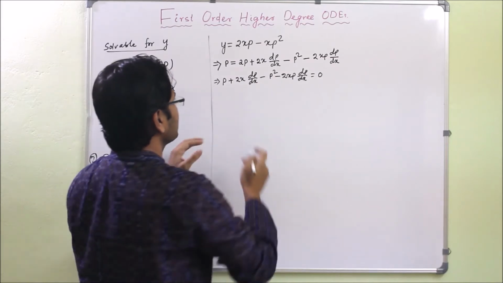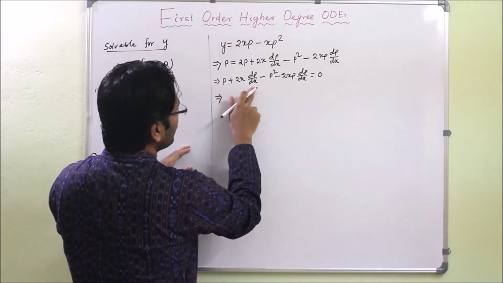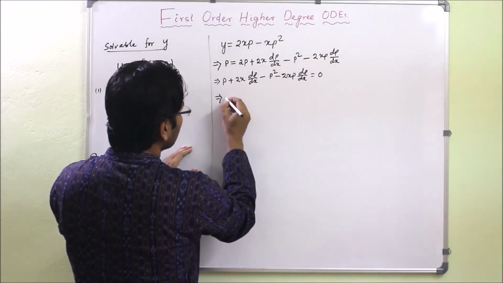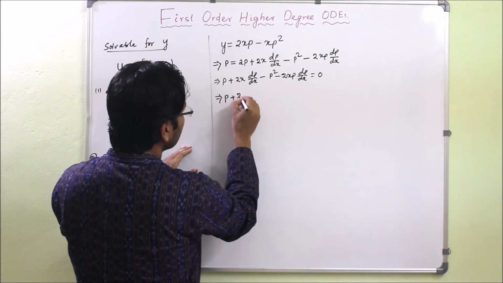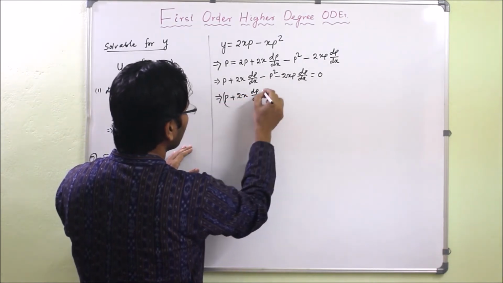Now we have to factorize. We can see here p plus 2x dp by dx. If we take this common, and from the last two terms take minus p common, inside it will again be p plus 2x dp by dx.